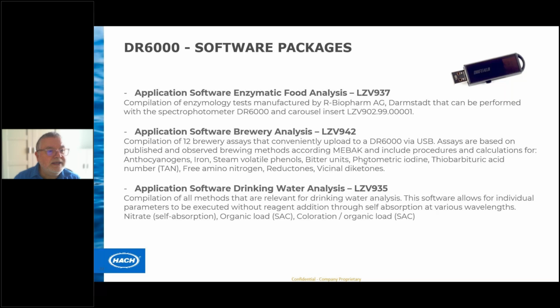This application software is a compilation of 12 brewery assays that we can measure directly on the DR6000. And the third one is specific application software for drinking water. And it's a compilation of all methods that are relevant for drinking water analysis.